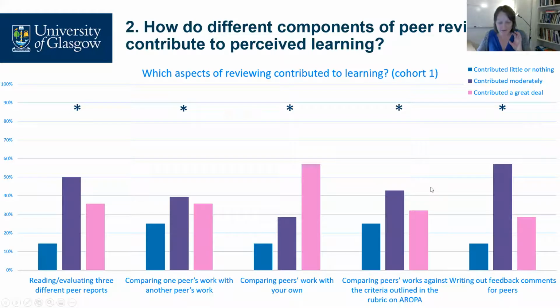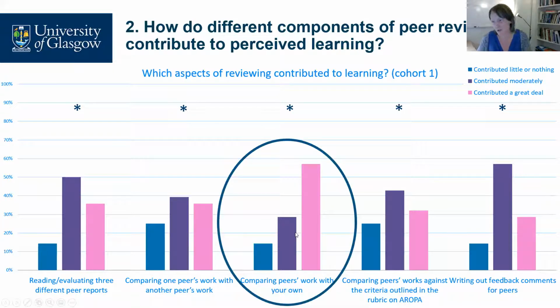So basically all of the aspects of reviewing that we identified were rated as being helpful for students. But there's a particularly interesting one, which I think will fit with what I said a second ago. It didn't come out as significant in the comparison, but certainly the trend would seem to be that comparing peers' work to their own was the thing that they found most significant here.